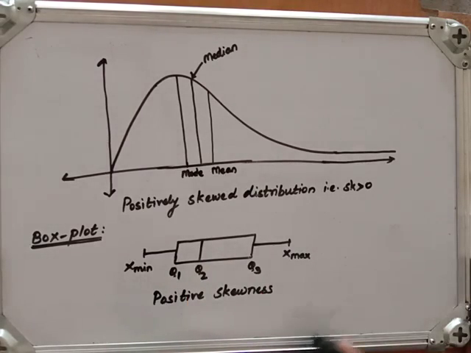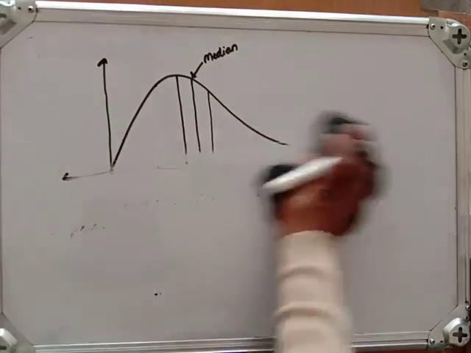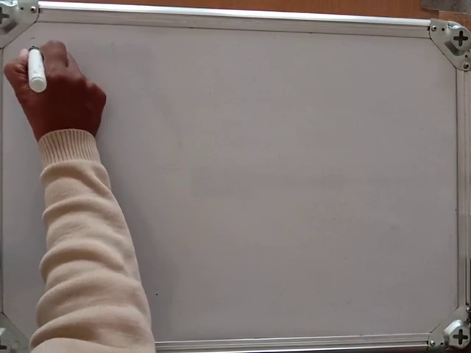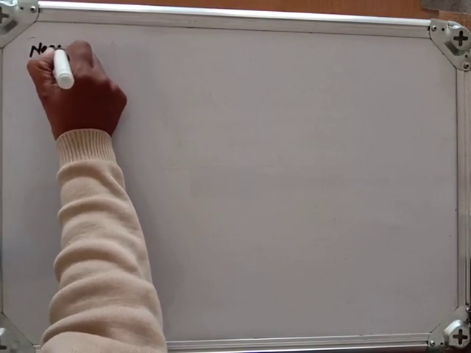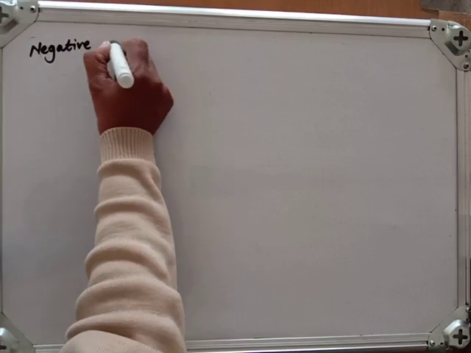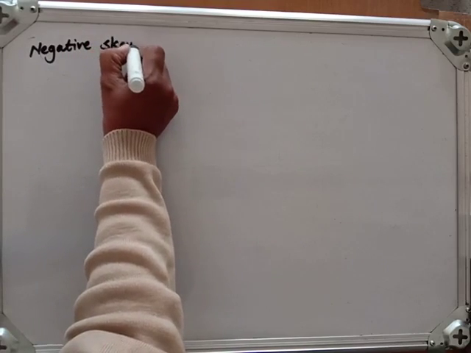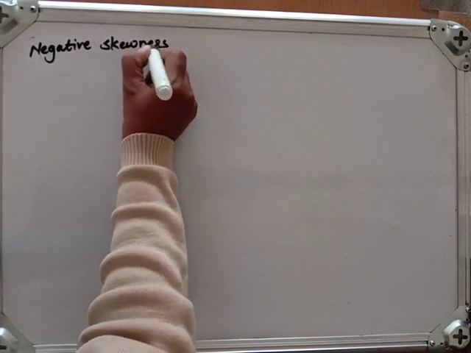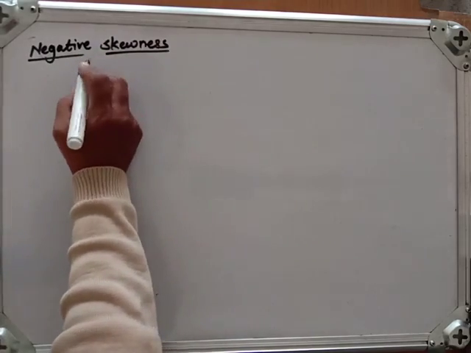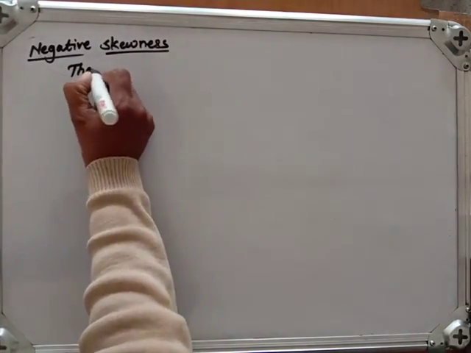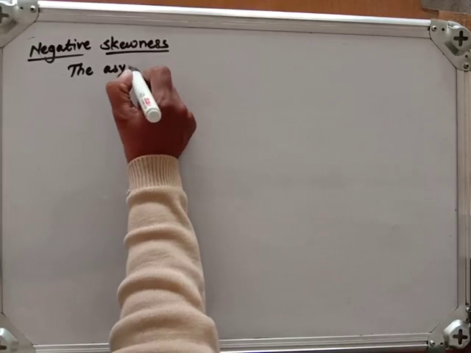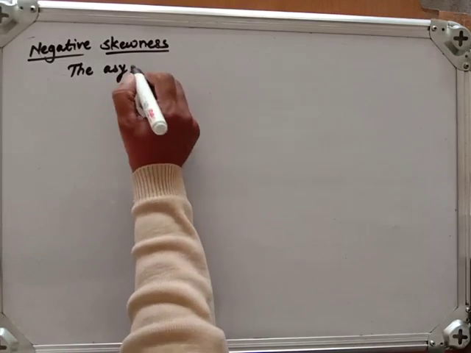Now let us see what is negative skewness. Again let us see some of the properties of it. If those are satisfied, it is negative skewness.